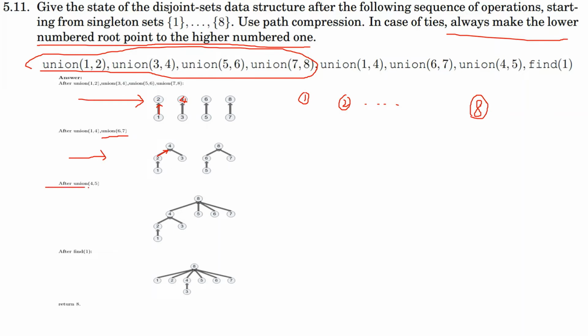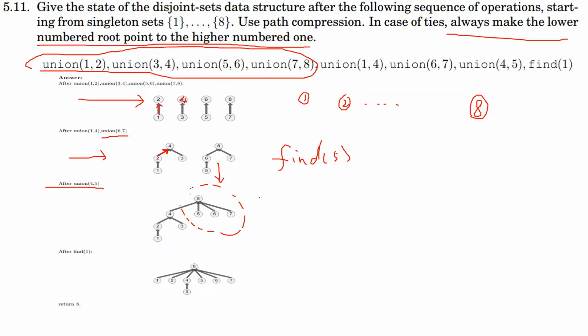And then we will union 4, 5. Here we still first have to find the roots for 4 and 5. And if you do path compression, you might have this one.